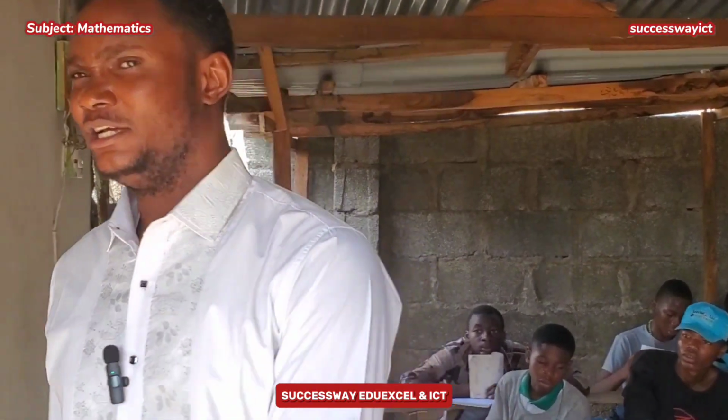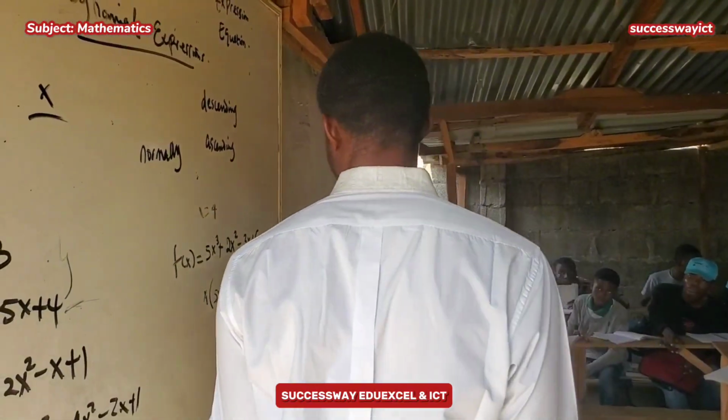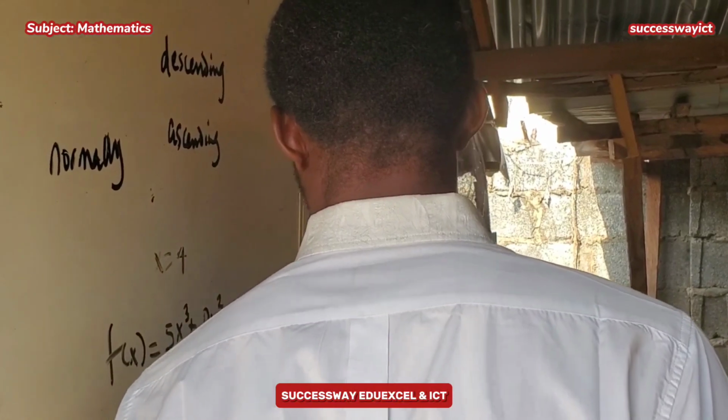Two numbers you multiply to have 10, add them, you have -3.